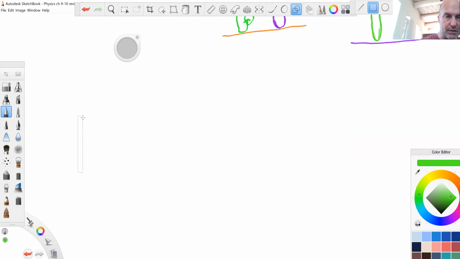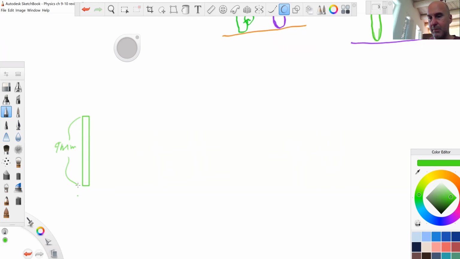Do I need a transducer? Yeah, I do. Do I want a green transducer? Sure, I do. Okay. This is a 9 millimeter. All right, got a 9 millimeter there.